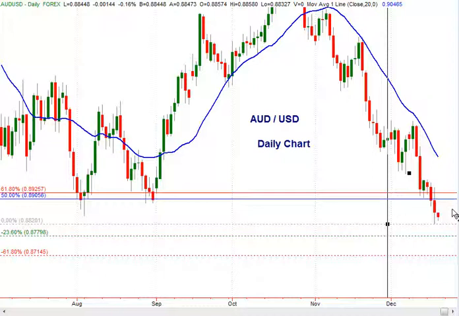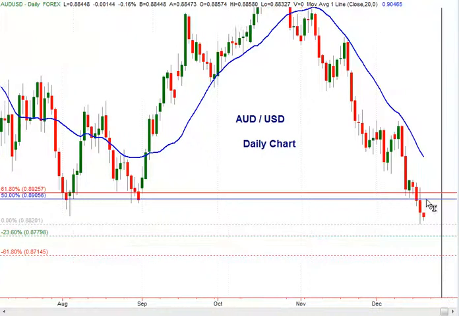So a very simple trade here would be to sell just below this 0.8905, maybe 0.89 or 0.8901, and put a stop above 0.8926, and that would be a potential good swing trade for this market that could bring market into 0.8779 and 0.8714. So this is where the opportunity is.